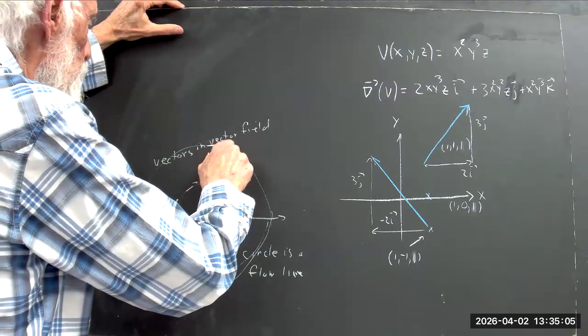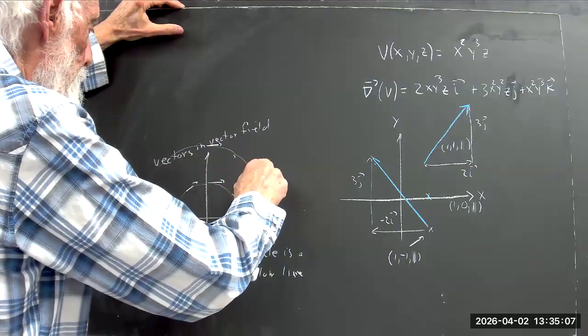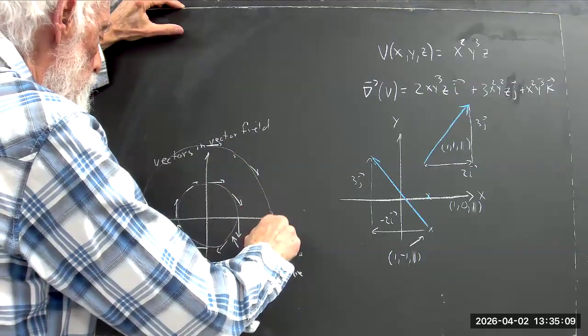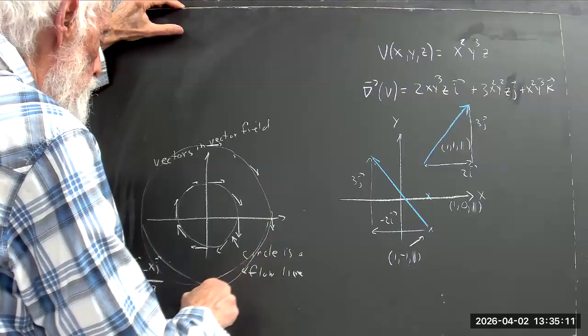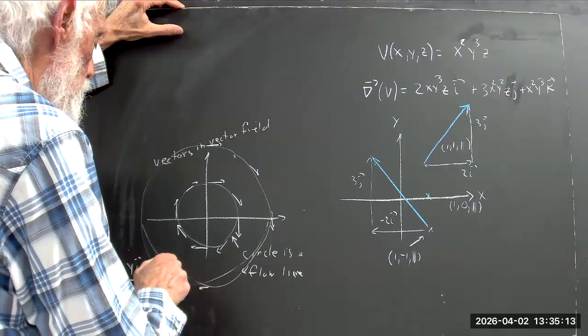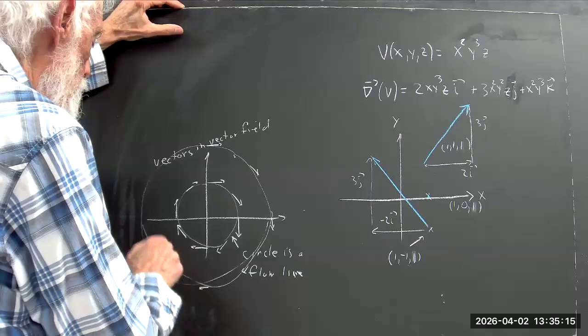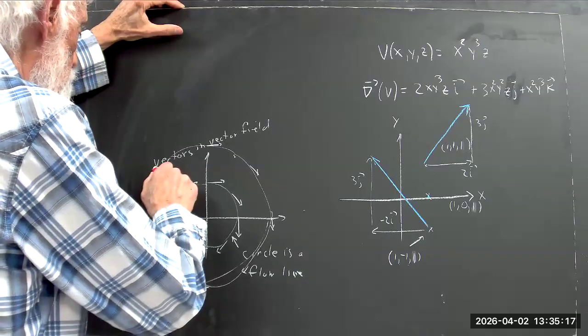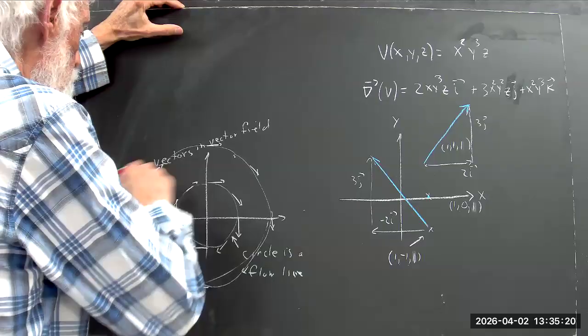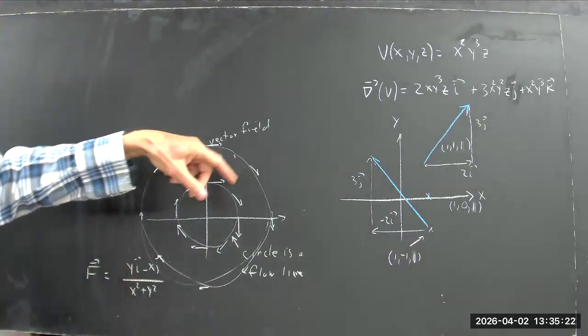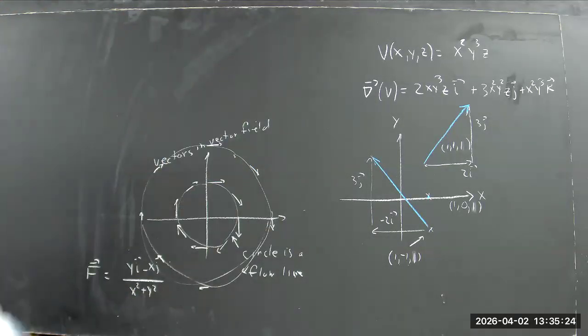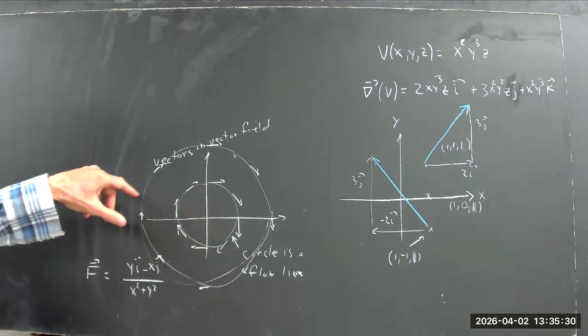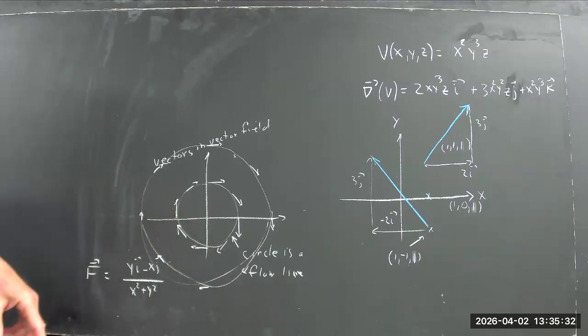It'll make every vector a little bit shorter. Every vector will be square root of 2 over 2, or 0.7 times as long as the vector's on this circle of radius 1.